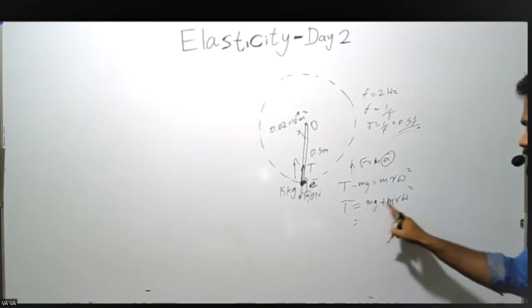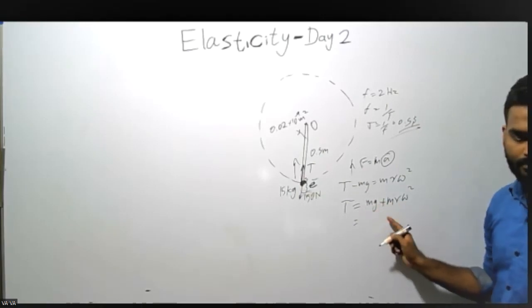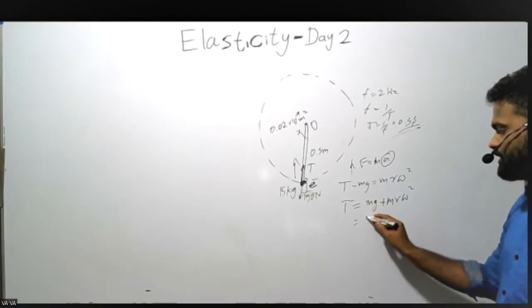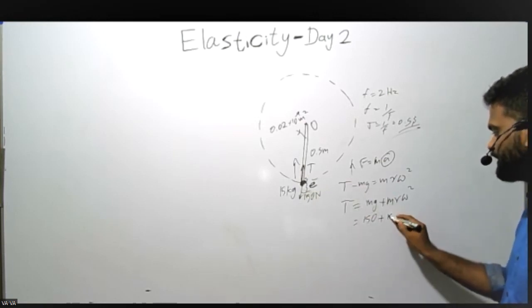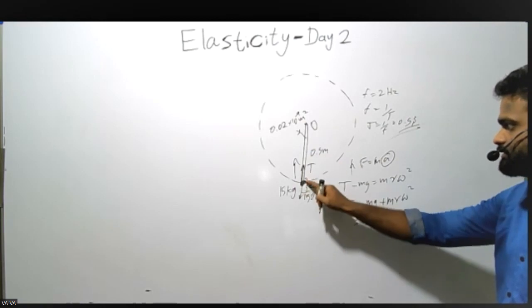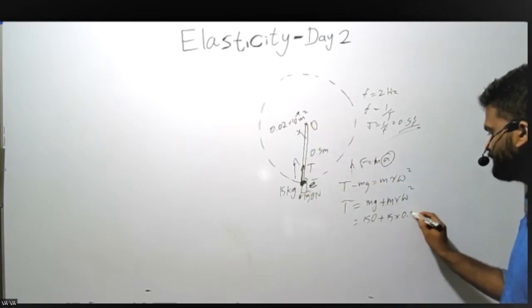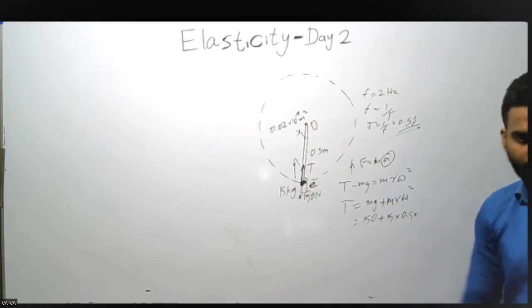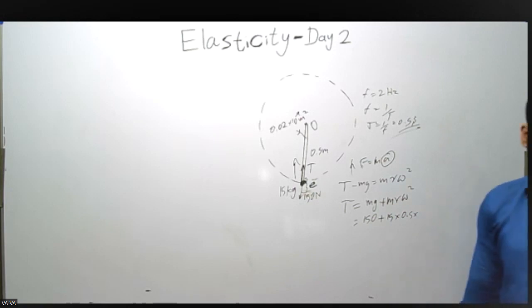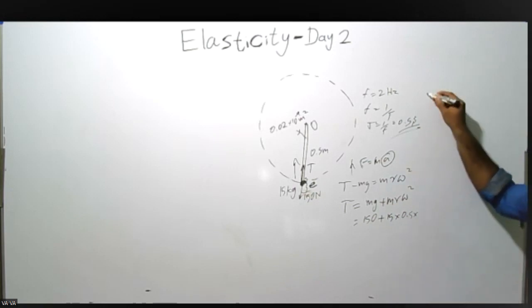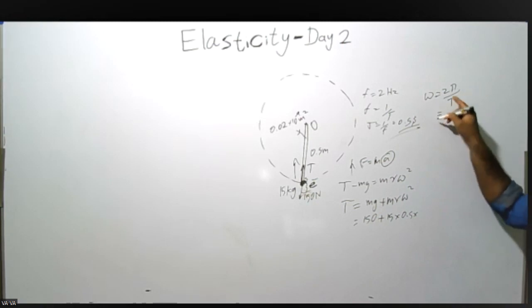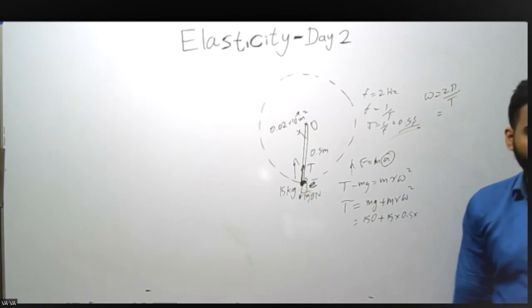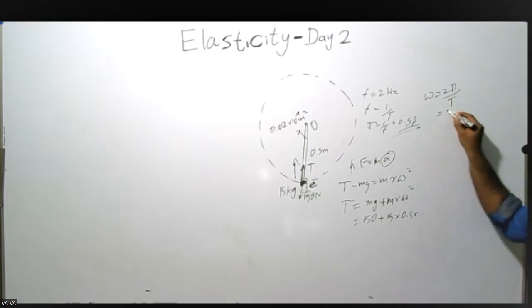So you need to have a value for this one. mg is 150 Newton, plus mass is 15 kilogram, radius is 0.5, omega. So how can we find omega? You know omega is equal to what? 2 pi divided by time period.